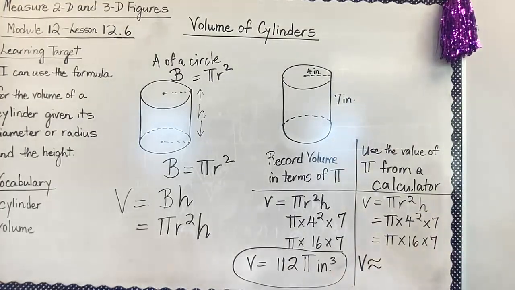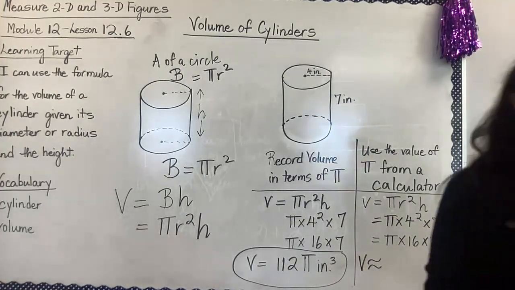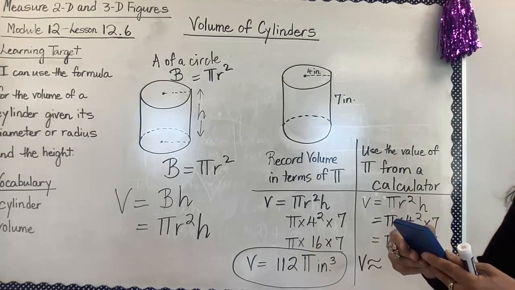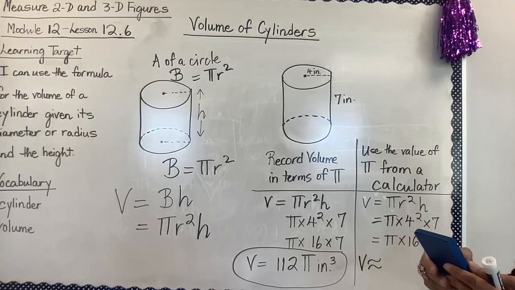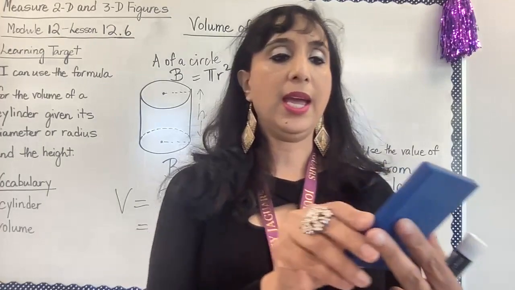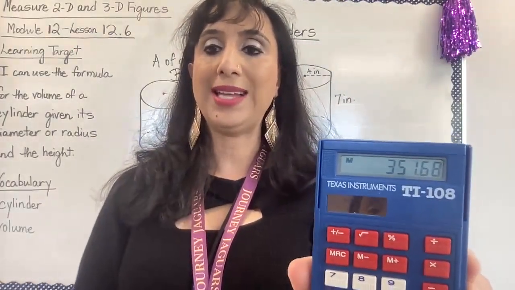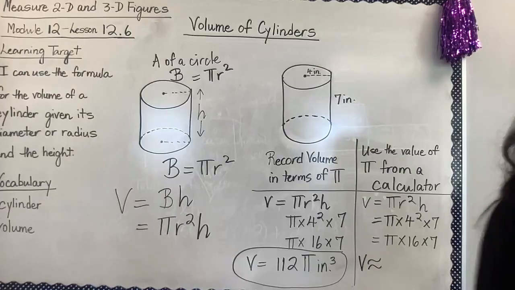So if I use 3.14 and do 16 times 7 times 3.14, I get 351.68, and then I round it to 351.7.